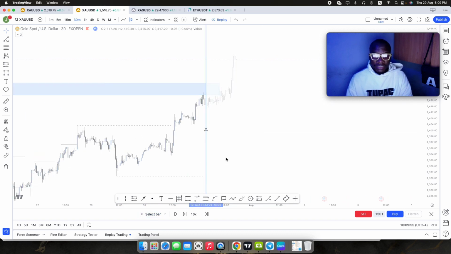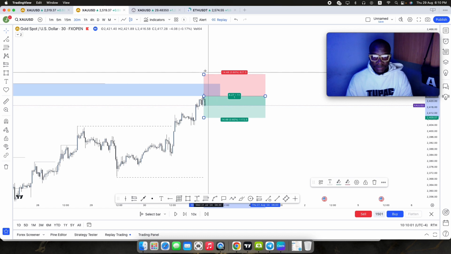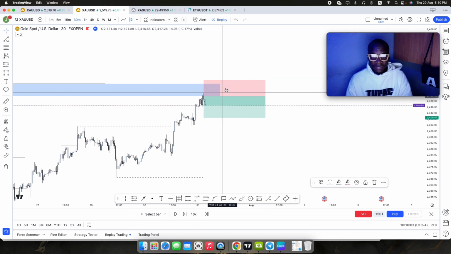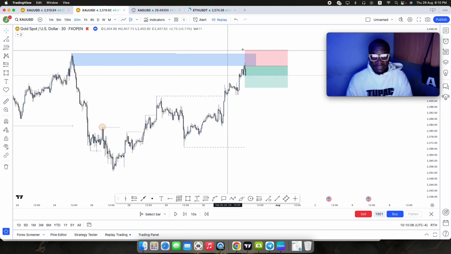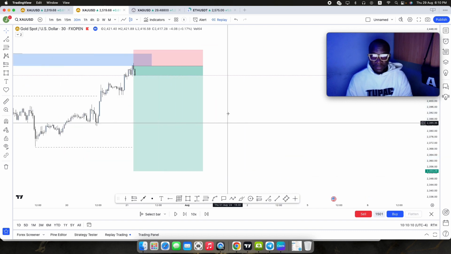You know, some people just aggressively place a sell order around that zone. You're not mistaken for placing a sell order here. Why? Because the market is bearish. You are not doing the wrong thing, and you target here, right?